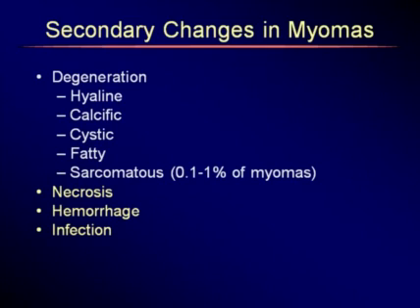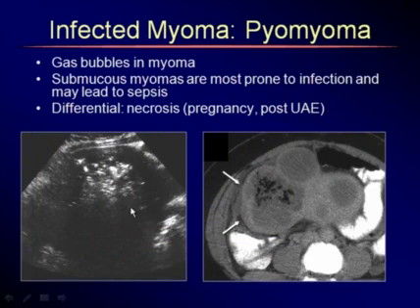Now, more of these changes. We talked about these up here, ending with sarcomatous degeneration. Now let's talk about necrosis, hemorrhage, infection. A fibroid can become superinfected. In that case, it's called a pyomyoma. Of course, the patient will have a fever and there will be tenderness, but you may see bright reflectors that shadow that look like gas, and gas is gas.